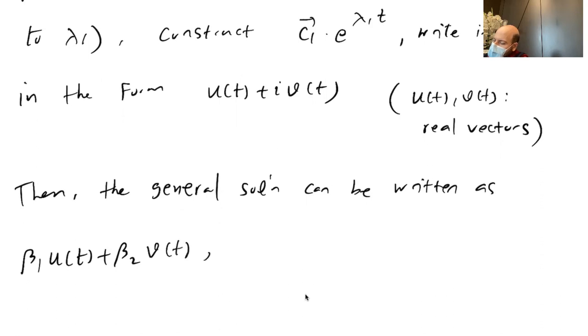Here u of t and v of t, as we already mentioned, are real vectors, and beta 1 and beta 2 are real constants. So we can write the general solution in the real form. Everything is real here in this way.